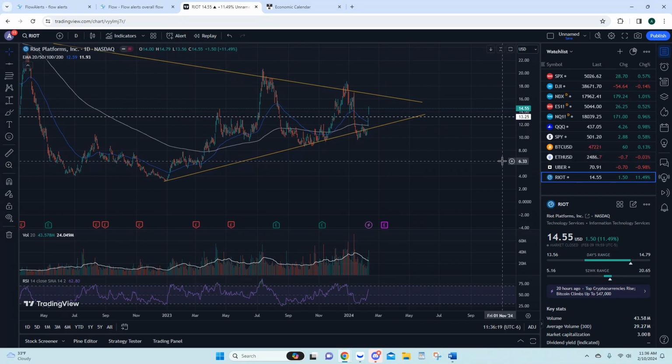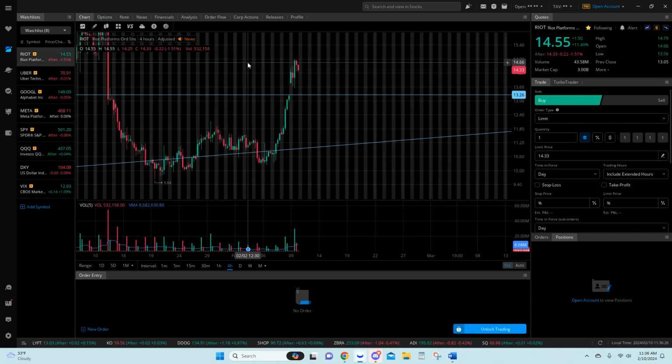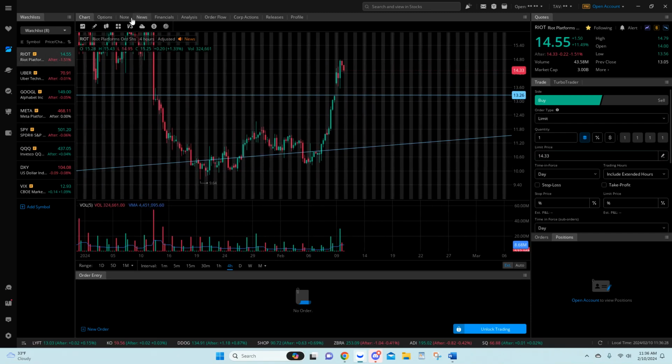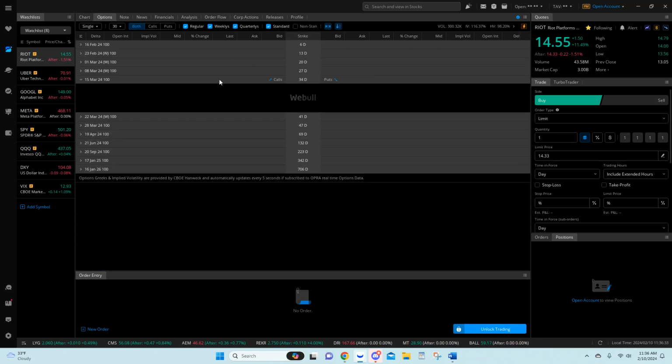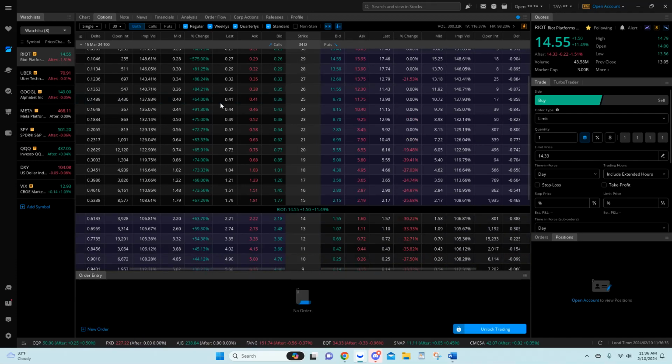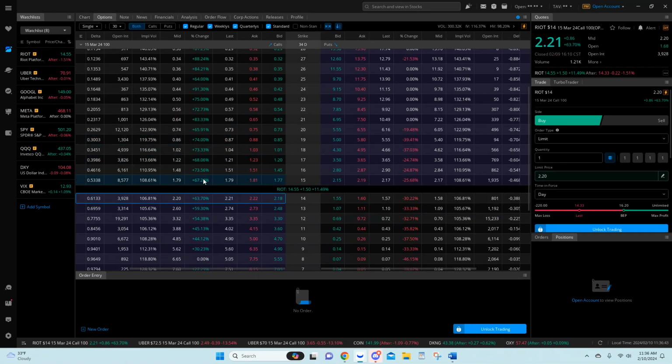So 1325. Looking at the contracts, let me pull it up here, and of course I have it marked already, to make it a little easier for everyone. Looking at the 3/15 expiration, so 34 days here, if we had an entry at 1326, I would either look at this 14 call or the 15 call, and again, reasons why.